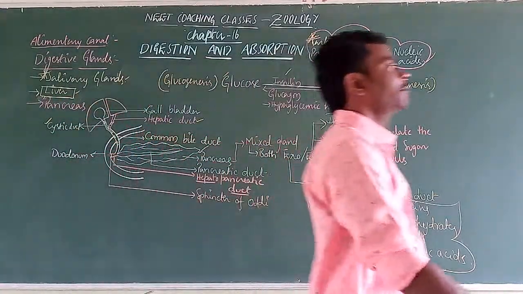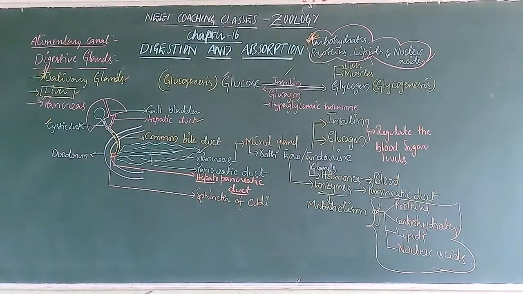In this way, the salivary glands, liver and pancreas perform different functions for breaking complex molecules into simpler molecules.